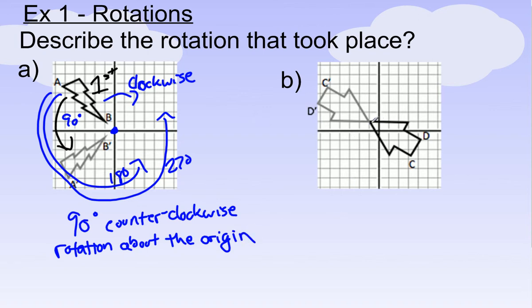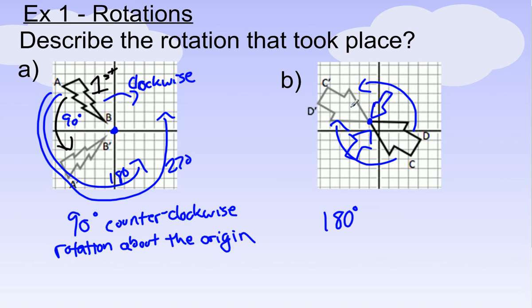Alright, letter B. This letter B, the center point appears to be right here. Meaning if I took this and I rotated it this way, or even rotated it that way, it would be rotated around that point. So this looks like a 180 degree rotation because it's basically flipping across. 90 degrees would be like here, or 90 degrees would be here.